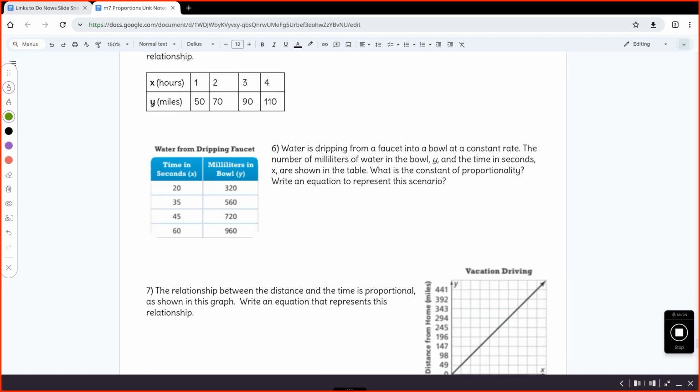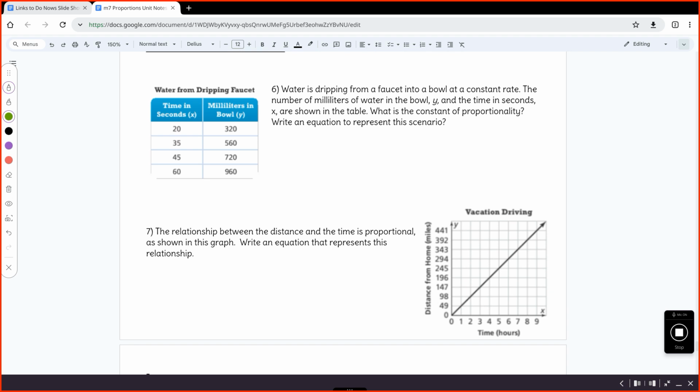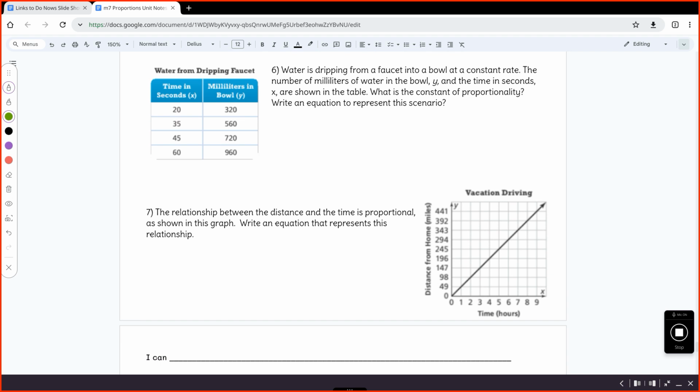Alright, number 6. Water is dripping from a faucet into a bowl at a constant rate. The number of milliliters of water in the bowl y and the time in seconds x are shown in the table. What is the constant of proportionality? And write an equation to represent the scenario. Alright, so k is equal to y divided by x. I'm going to write it so that it's across.